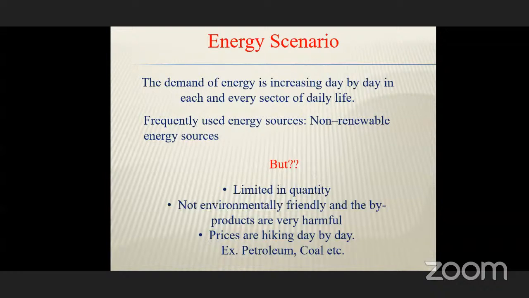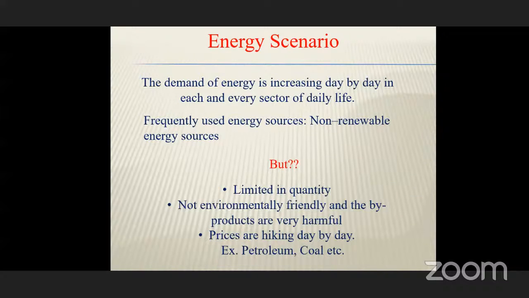Oil and natural gases are also depleting. Also, excess use of fossil fuels and nuclear energy has created a bad impact on environmental, social and sustainability problems.